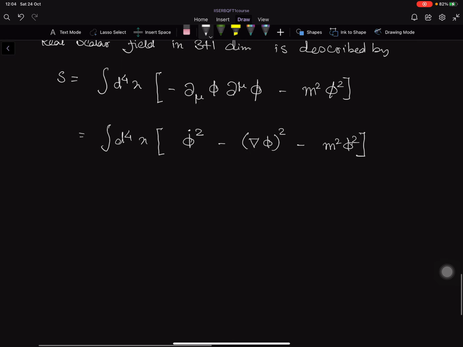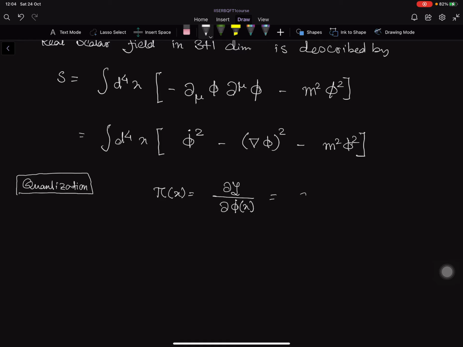The way people quantize this is by first computing the canonical momentum π(x), which is ∂L/∂φ̇(x). And then in the same fashion, we impose the equal-time canonical commutation.